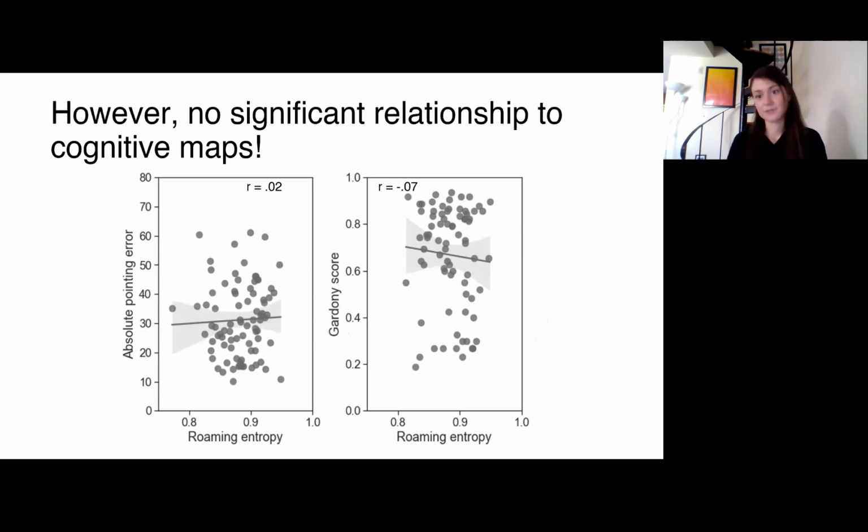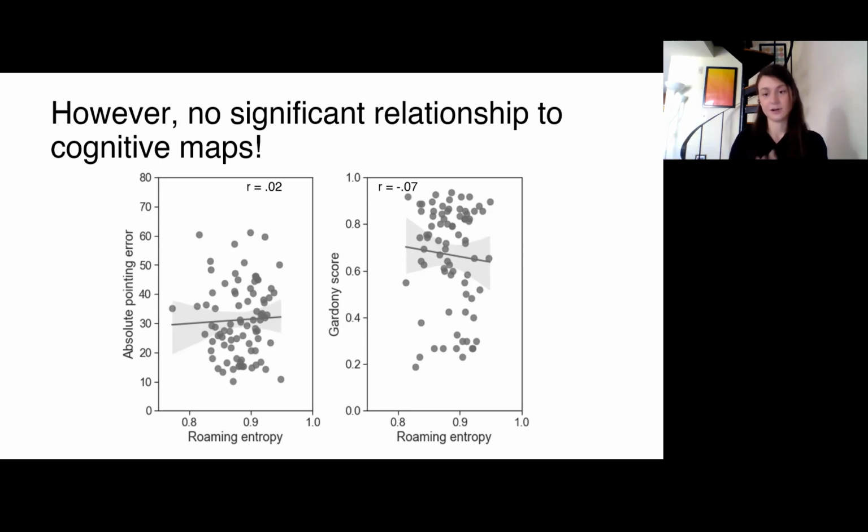I will say, however, speculatively, that it's very possible that because this environment is so structured and people do spend most of their time on the paths, roaming entropy might not really capture what participants are trying to look for. So there's something about the structure: because the environment is structured kind of like a city, or I mean, it's a campus, people tend to follow the paths.